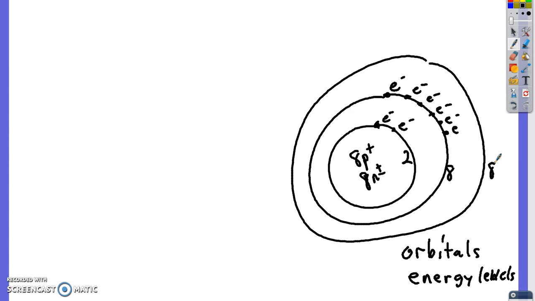Now, these are sometimes just called electron clouds, because basically these electrons are not just circling it, besides circling it, they're also coming out toward us and back around, and they're going in all directions.